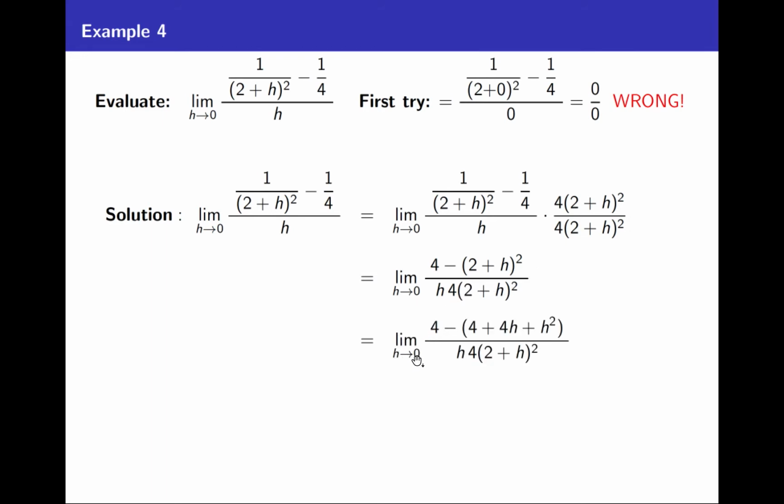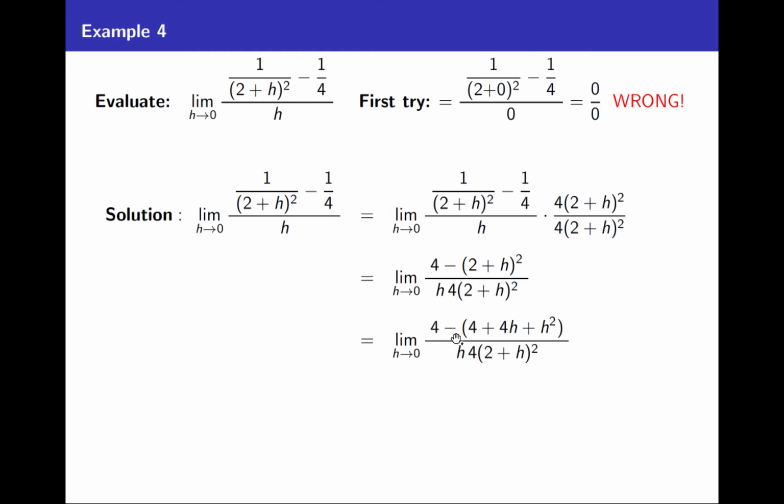So we get the limit as h goes to 0 of 4 minus (4 plus 4h plus h squared) when we FOIL this out, divided by the same denominator we had above. And now let's distribute this negative into the parentheses, and you get a 4 minus a 4.